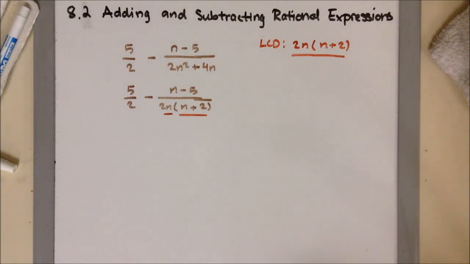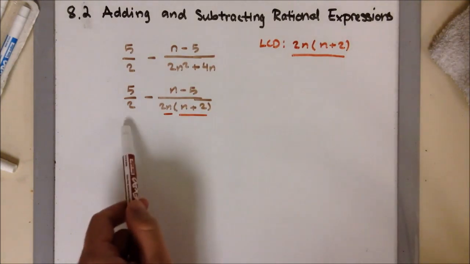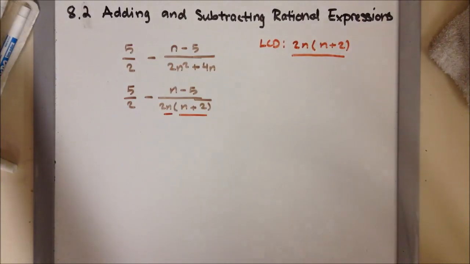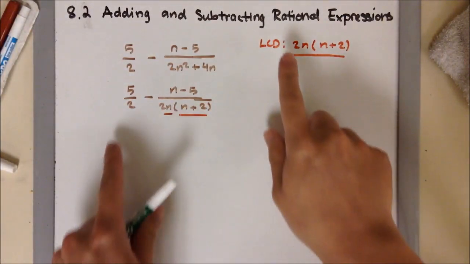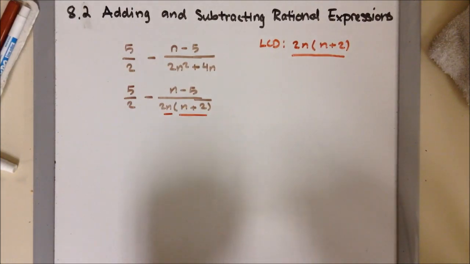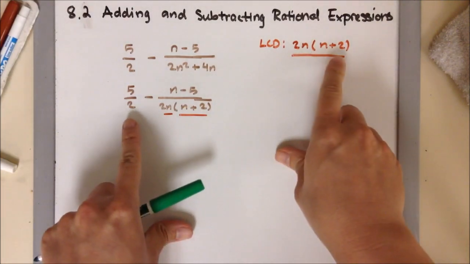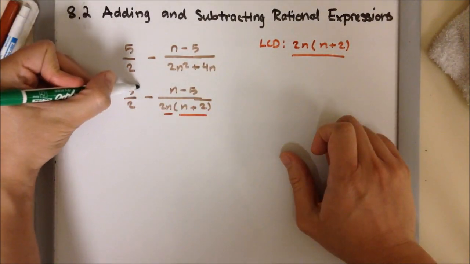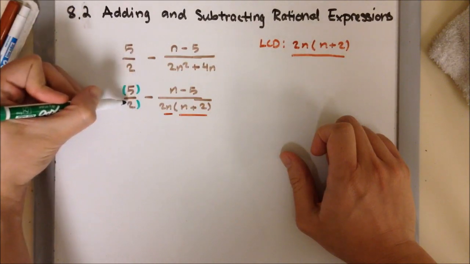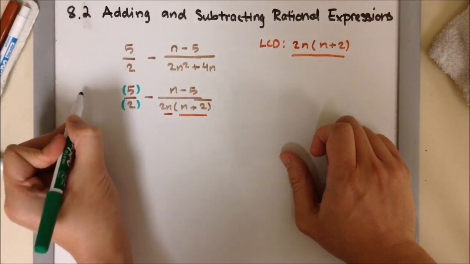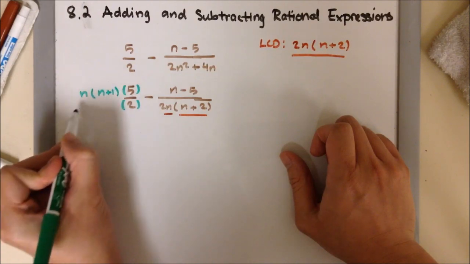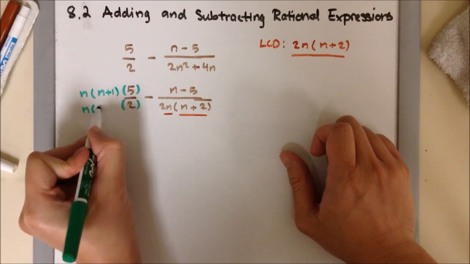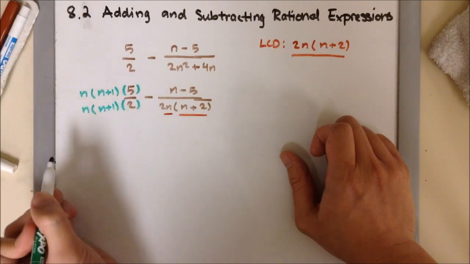Now, let's compare each denominator with the LCD and see what we're missing. In the first fraction, we have the 2, but we're missing the n and the n plus 2. So I'm going to multiply the numerator and denominator by the missing factors, the n and the n plus 2.